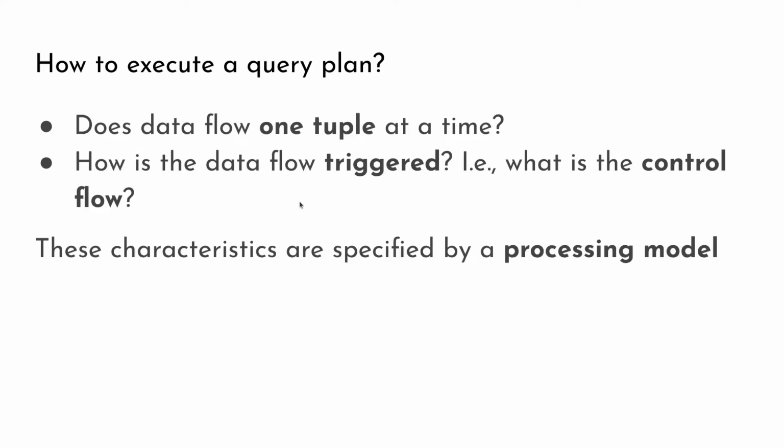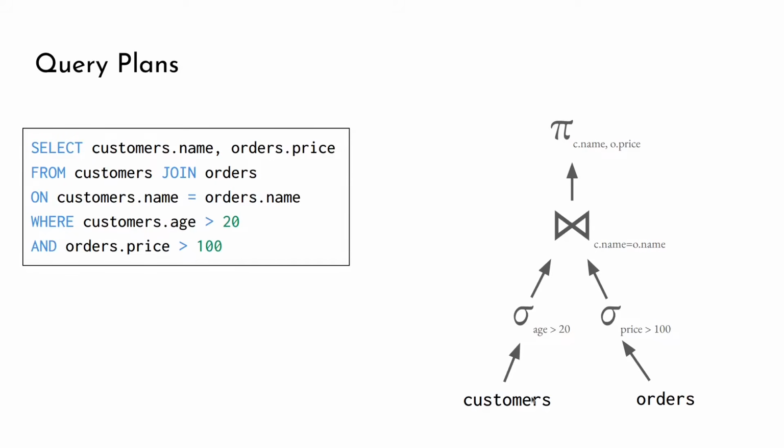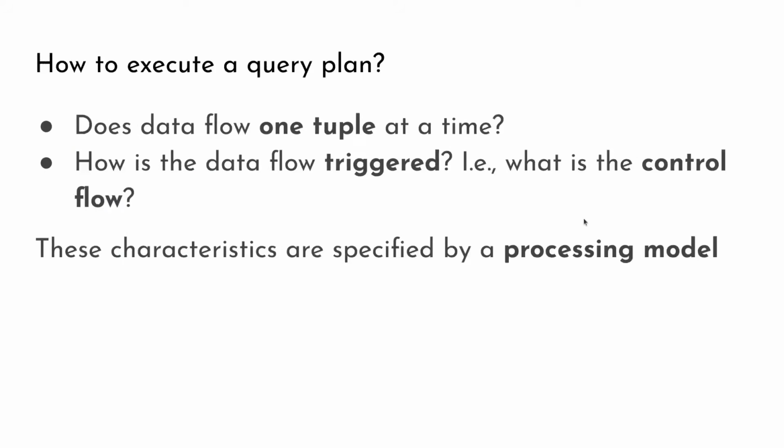A query plan, generally speaking, is an abstract specification of what needs to happen. It just tells us, for example, that all the rows are going to flow from here to here, and then only the rows that pass the filter are going to make it. But it actually doesn't tell us how the execution happens. So for example, does data flow one tuple at a time?